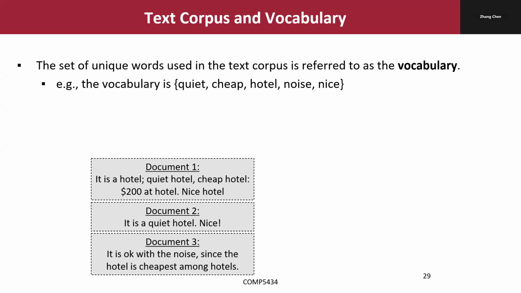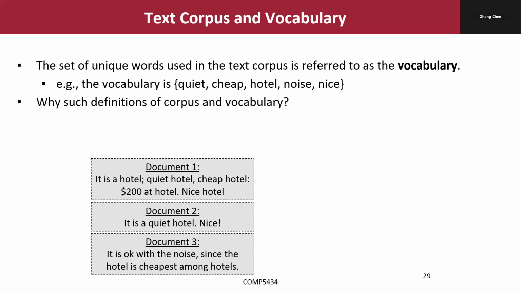We remove all the duplicates, then we get a vocabulary list. So vocabulary is the set of all unique words that appear in the corpus after preprocessing, right?